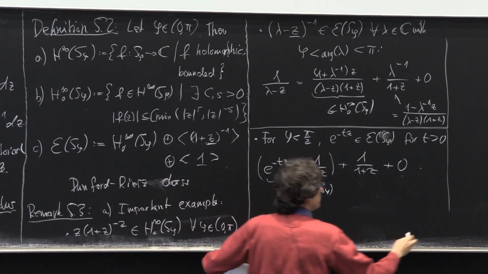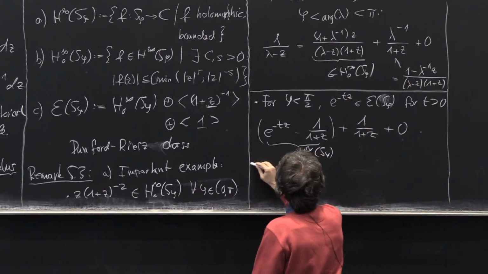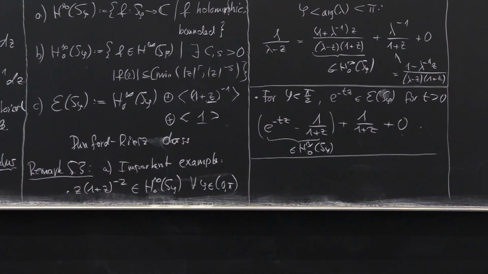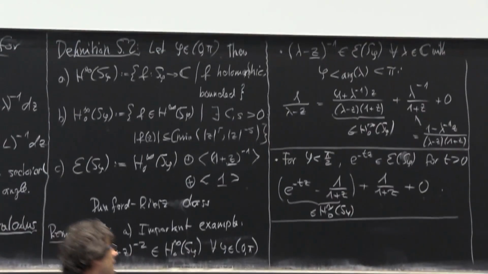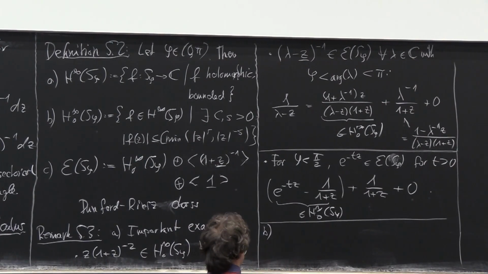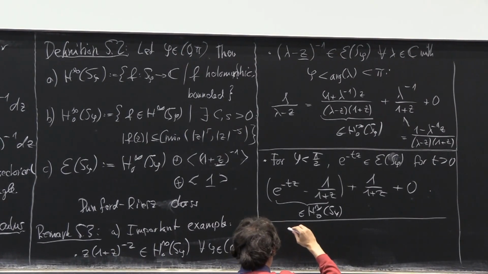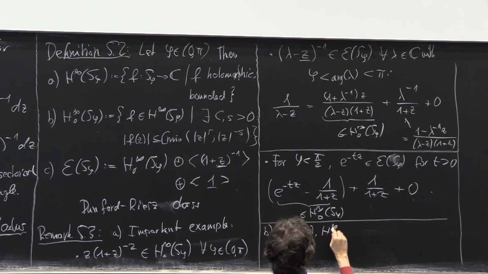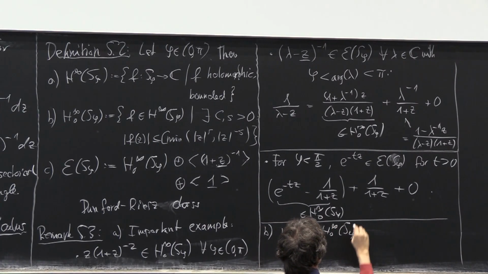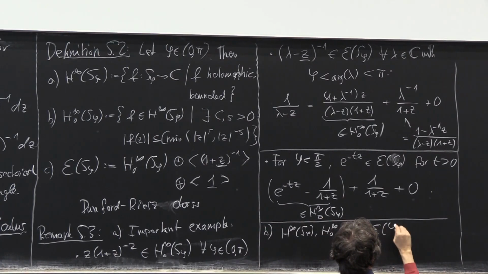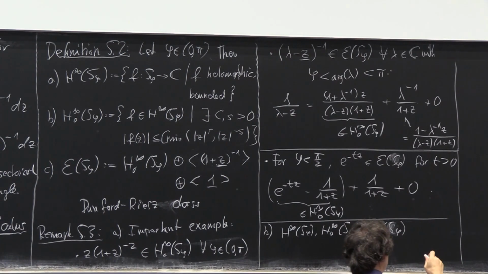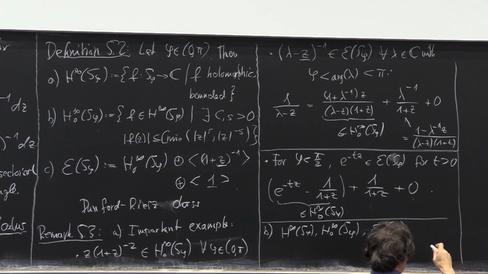Then, what about the algebraic structure of my function spaces here? And the answer is they are really, really nice. All three of them are really, really nice. I claim that H infinity, H infinity 0, and the Dunford-Rees class are all not only nice vector spaces, but they are algebras.